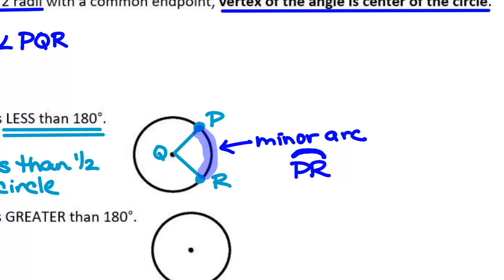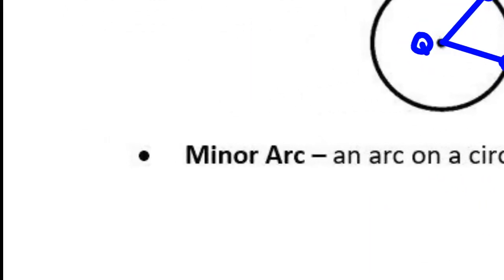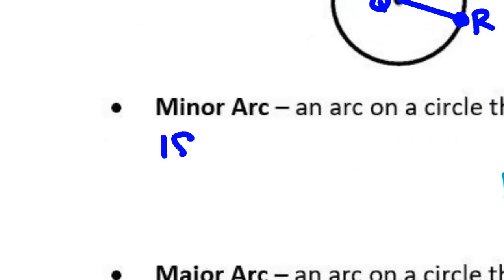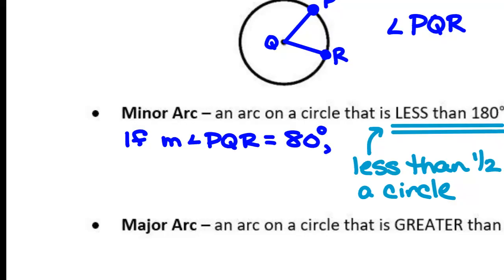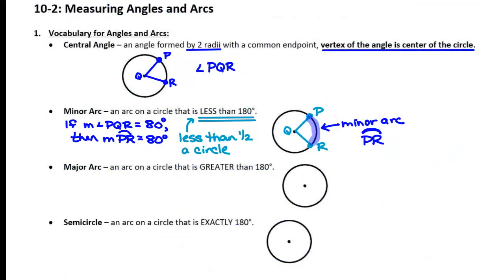We do not write the vertex, and we put a curve over the top of it. If the measurement of angle PQR is equal to 80 degrees, then the measurement of arc PR is also equal to 80 degrees.